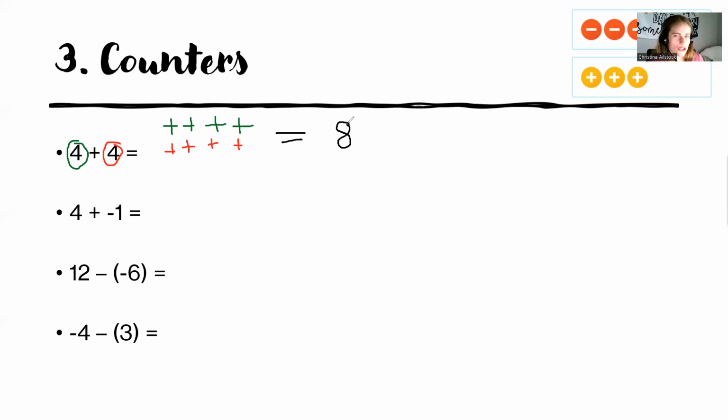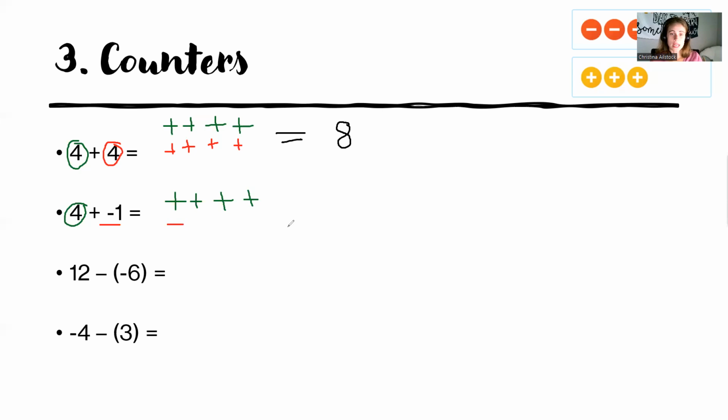All right, let's try it with some numbers that have negatives involved. 4 plus -1. All right, our first number is a 4, so I'm going to represent that 4 with 4 little plus signs. And then we're adding a -1. I'm going to represent that with 1 negative sign.